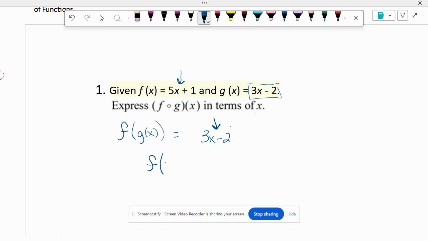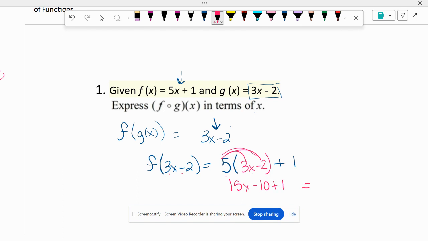So it's going to be f of 3x minus 2 equals the f function, which is 5 times x plus 1, because I'm going to replace the x with 3x minus 2. And I have to distribute. 5 times 3x is 15x. 5 times negative 2 is negative 10. Plus your 1 at the end equals 15x minus 9.